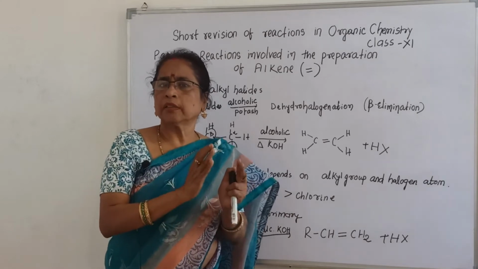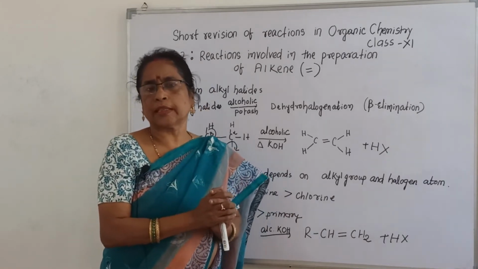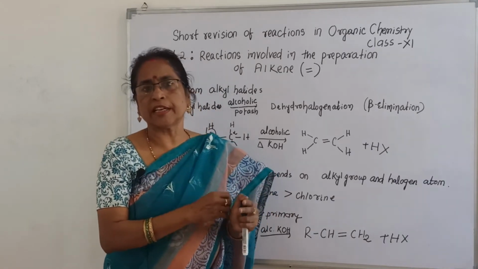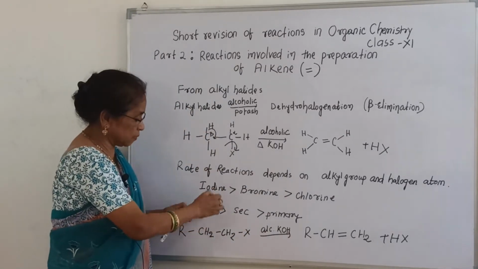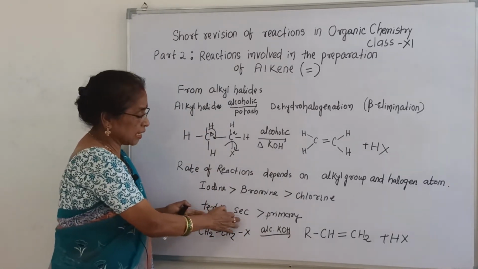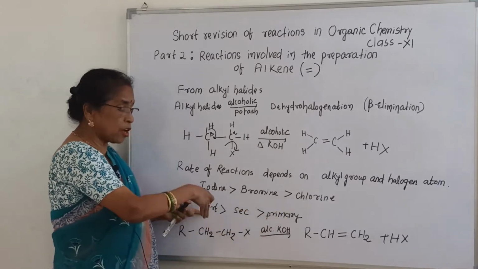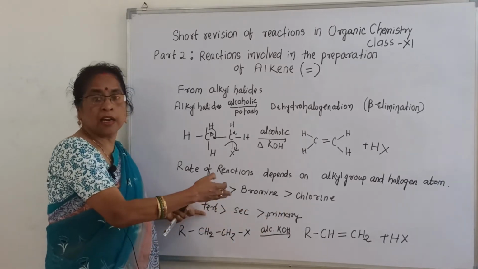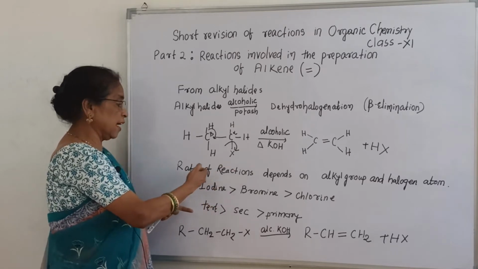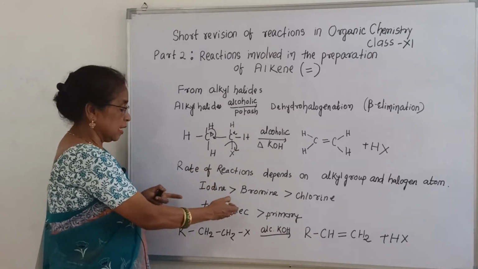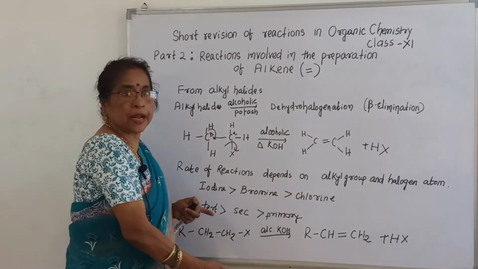You know three types of alkyl groups are there: primary, secondary and tertiary. Tertiary alkyl group is faster than secondary, than primary.